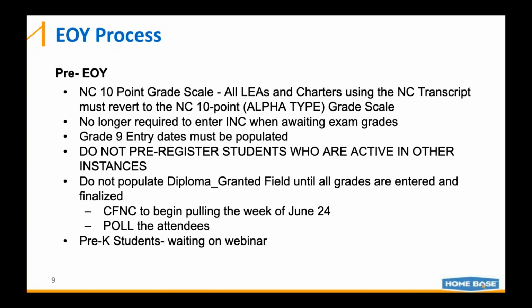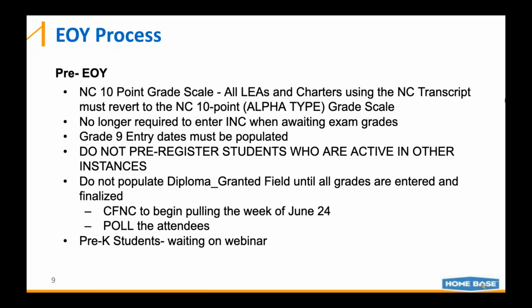The next item is something we want to get you in the habit of, starting this year. We've been working with CFNC to determine at what point we start sending transcripts. To date, it triggers as soon as you populate that diploma granted field.